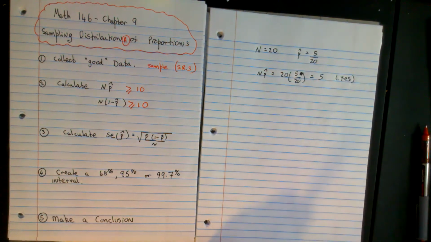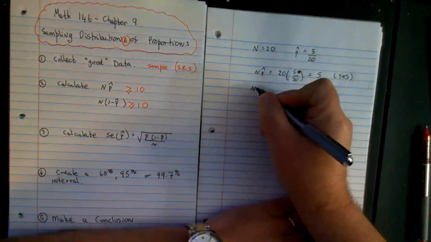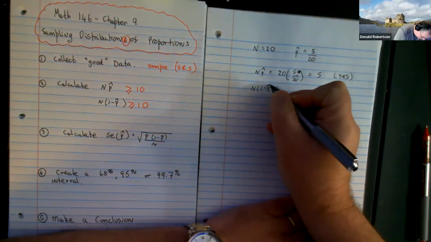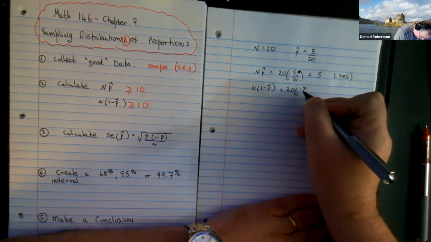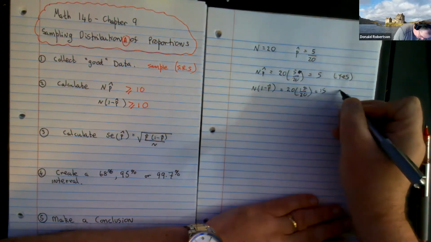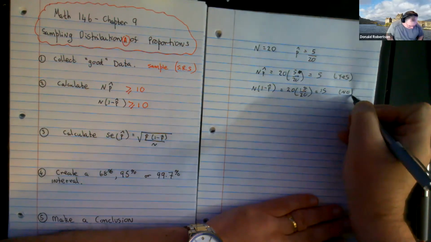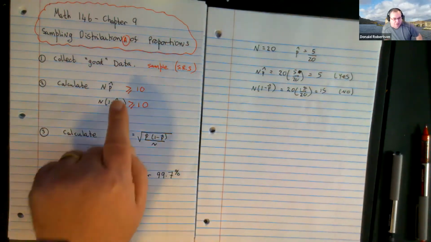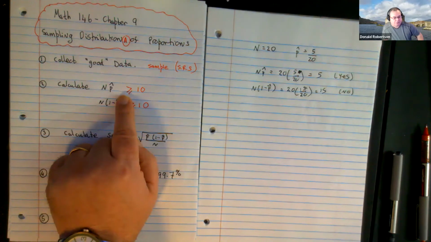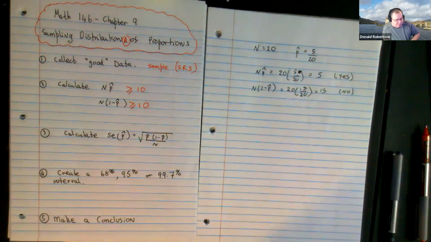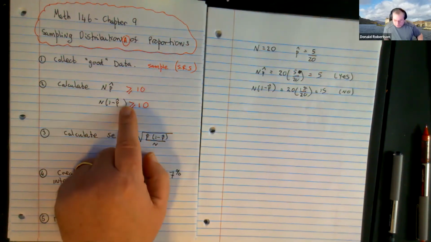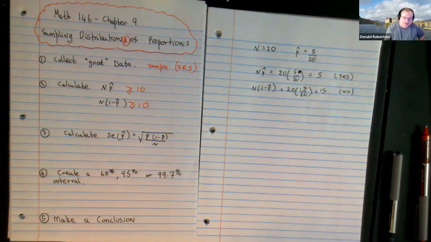And then, if you do n times 1 minus p hat, that's going to be 20 times 15 out of 20. And that's 15. And that's the number who said no. You cannot even do the standard error, the normal distribution, making intervals, or any of that stuff unless this is true. This is the fence that you have to get over before you can do that technique.